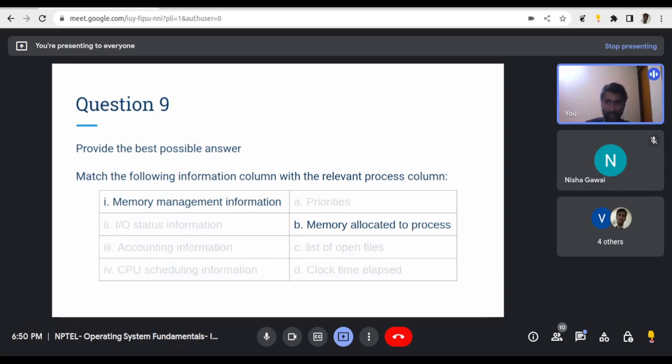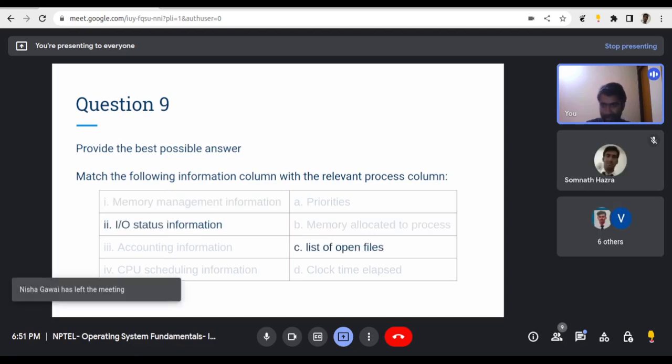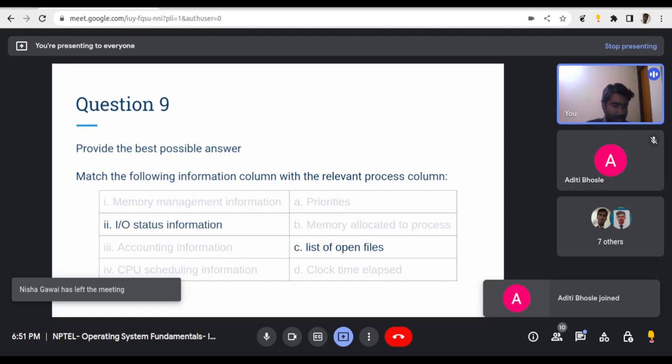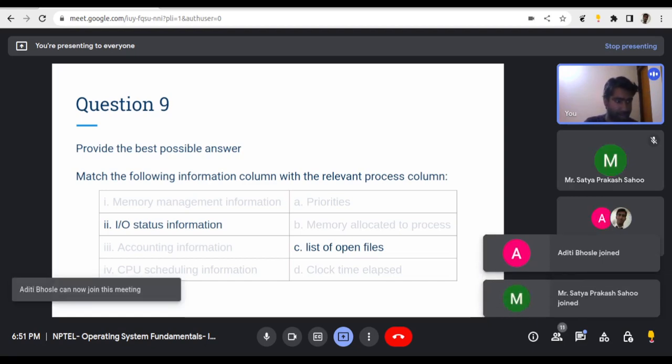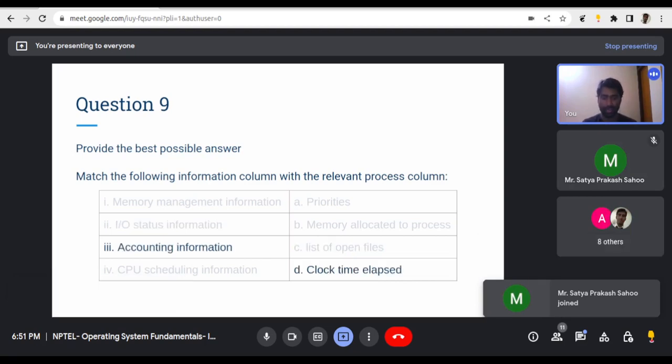Okay, so yeah, memory management information 1 is related to B, that is memory allocated to the process. IO status information is related to the list of open files that are related to the process. Accounting information is how much of the CPU clock has elapsed in relation to a particular process, that is how much time a process has spent in the CPU.